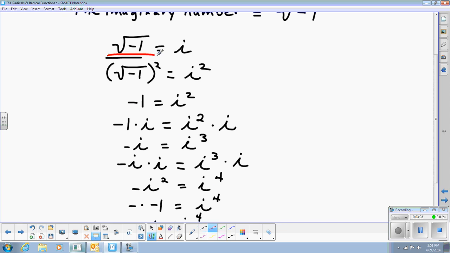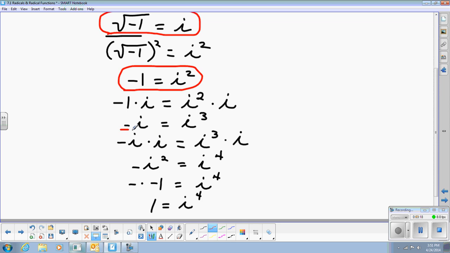You need to make sure that you understand this: the square root of -1 is the same as i, the imaginary number. i squared is equal to -1. i to the third power is the same thing as the opposite of i, so you'd have an opposite symbol out here, the opposite of the square root of -1. Lastly, i to the fourth is the same as 1.